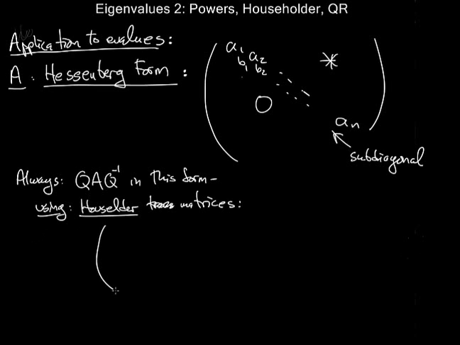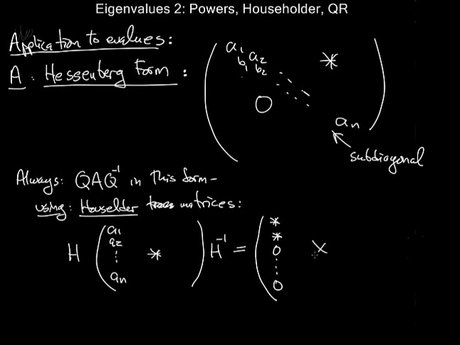So in other words, it's easy to put A into this form. And the idea is you start with your matrix and you multiply it on the left by H and on the right by H inverse, and what happens? Well, you choose H to get a bunch of zeros like this, and after your first step, you have 2 non-zero terms in the first column.